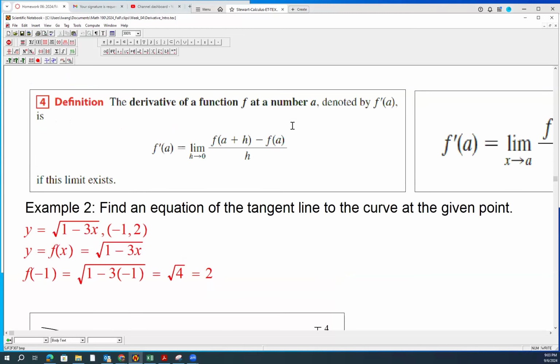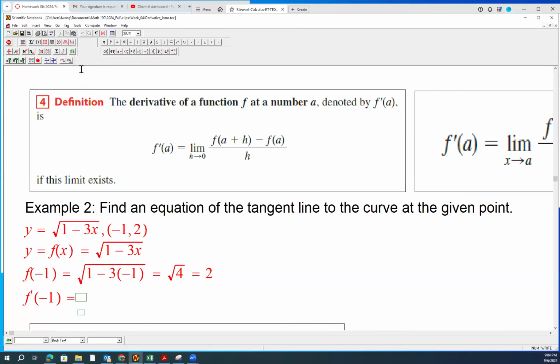This time we're going to use this first formula directly. We write f prime of -1 is equal to the limit as h approaches 0 of this quotient, f of -1 plus h minus f of -1, divided by h.